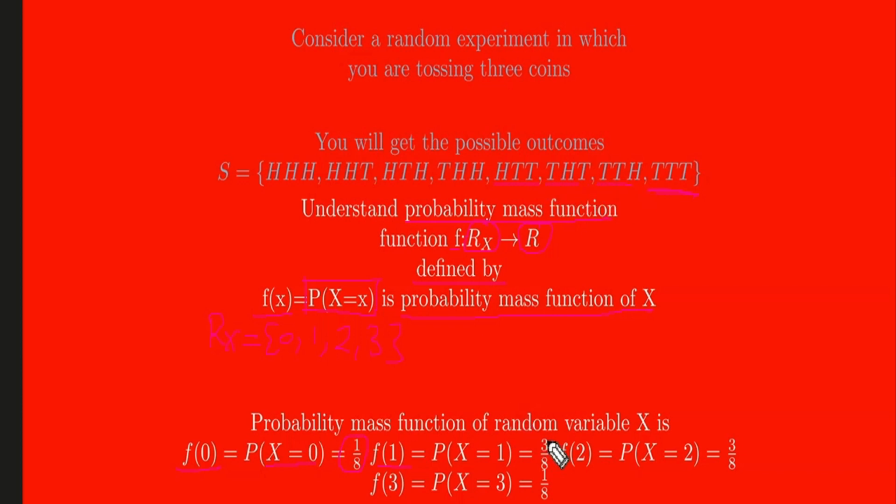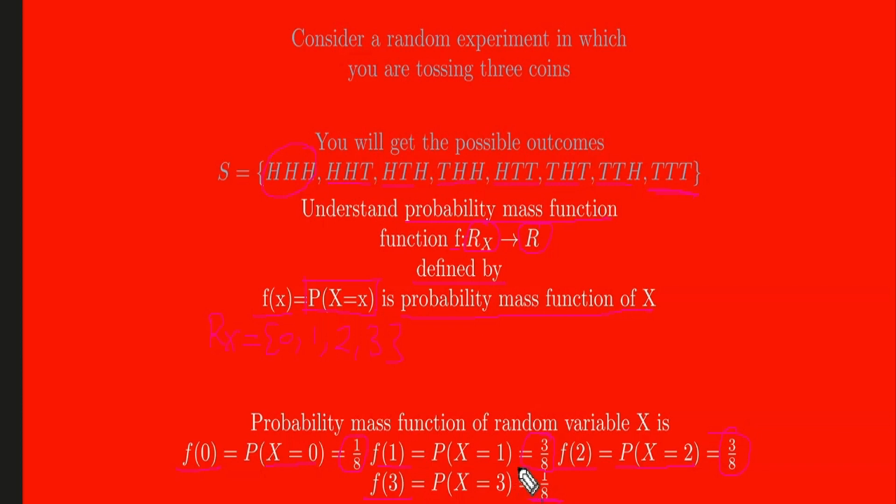So out of 8 you have 3 sample points in which you have one head. Again f(2) means P(X equal to 2), which means there are 2 heads. So this point, and this point, so P(X equal to 2) is 3 upon 8. Again, this one where there are 3 heads, you have only one element, so this is also 1 upon 8.